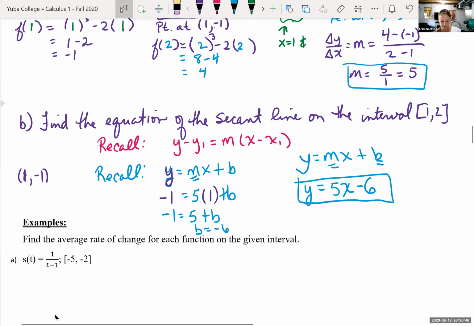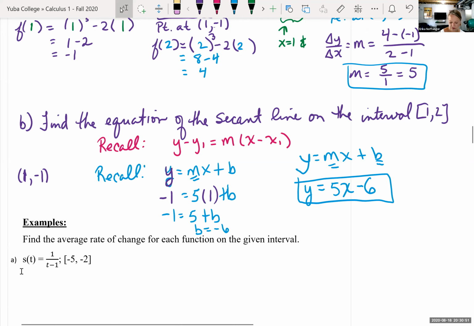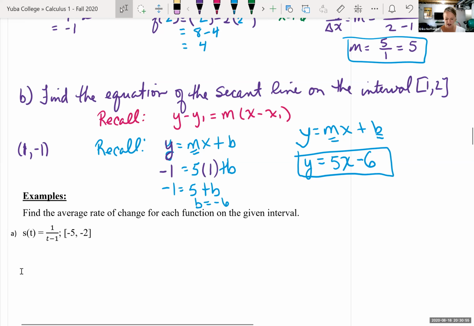Okay, so let's say instead they wanted us to find the equation of the tangent line. So that means we actually have to find the instantaneous rate of change.